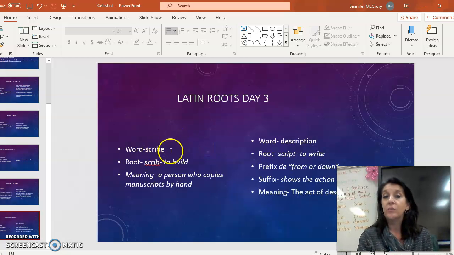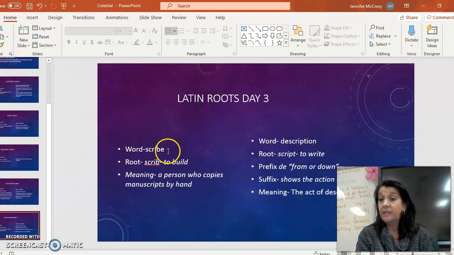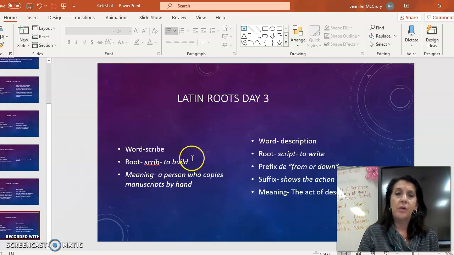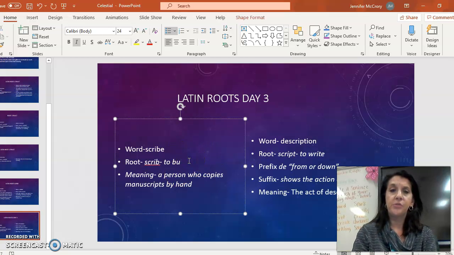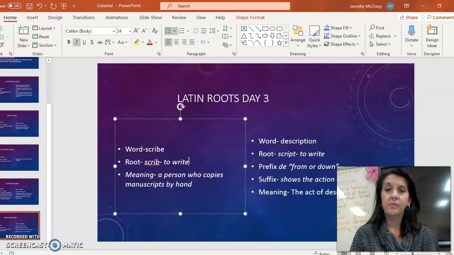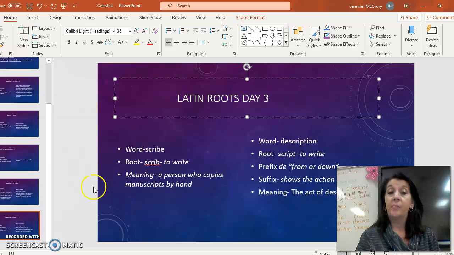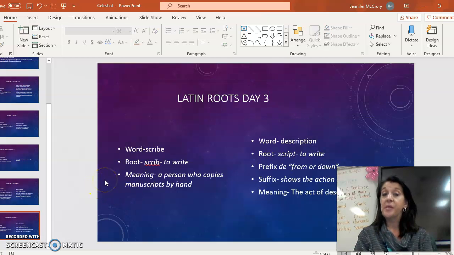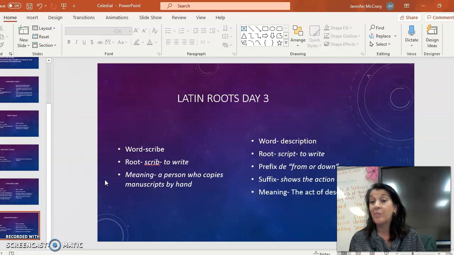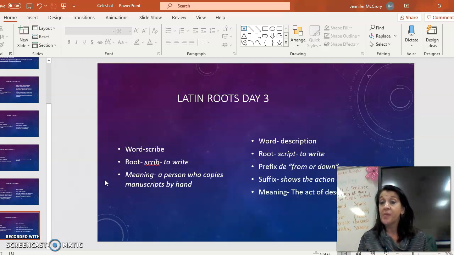It looks like all they did was add that silent E to the end of my word. And, oh no, I made a mistake. Why would I put that to scribe would be to build? It is not. It's to write. And so a scribe is a person who copies manuscripts by hand. And we're going to actually look at manuscript tomorrow. So we will have that tool in our pocket already to decode that word.